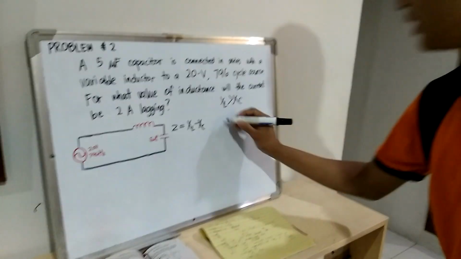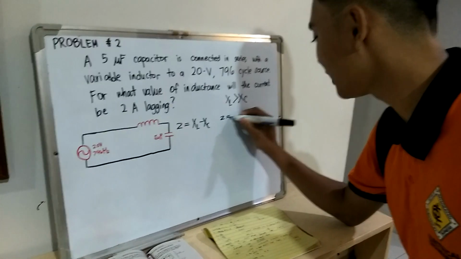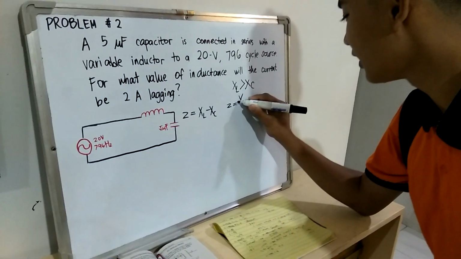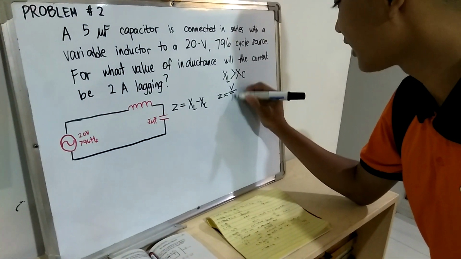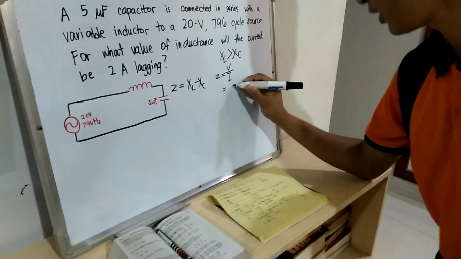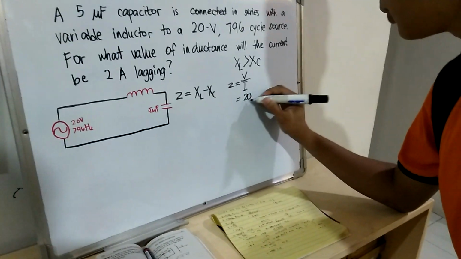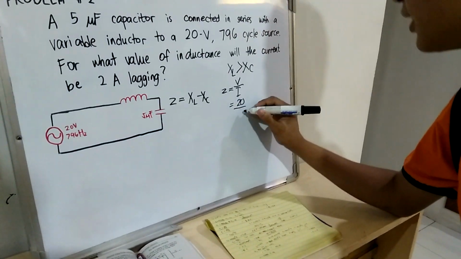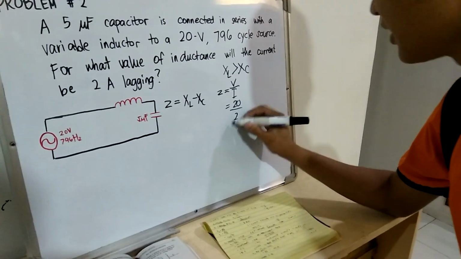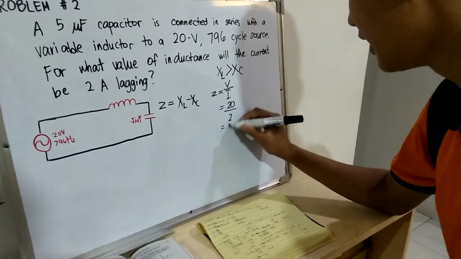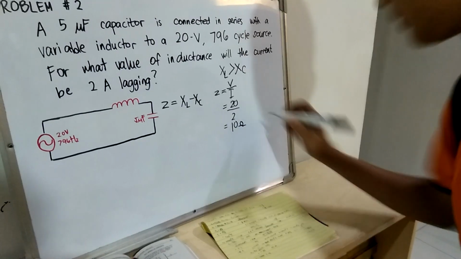So to get the impedance, we have the formula Z is equal to the total voltage over current, which is 20 volts over 2 amperes, which is equal to 10 ohms.